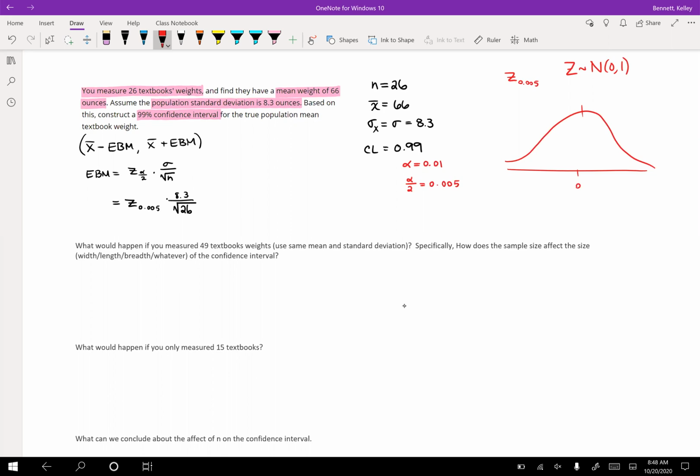And so you're just trying to find out what value over here is going to give me 0.005 area to the left. But we have Excel that does all this for us. So let's look at that now.